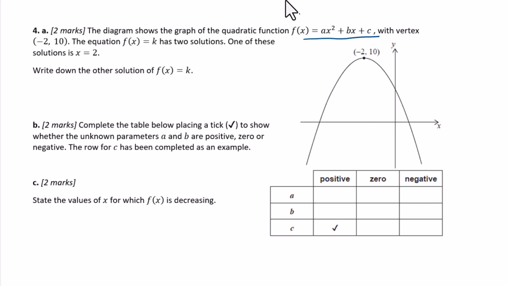Write down the other solution of f of x equals k. Let's draw y equals k. We have two intersections. This intersection, x equals 2. We do know x equals negative 2 is the axis of symmetry.